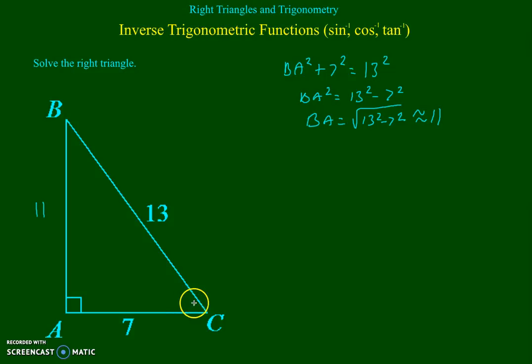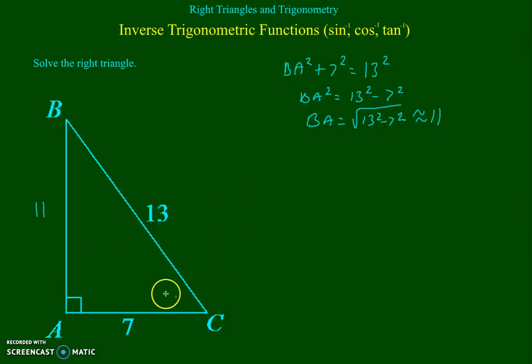So let's start with C. I'm not going to use this side because this is an approximation. Sine, cosine, and tangent generate approximations, and if I use an approximation to find an approximation, I'm going to compound my error. So I'm going to use my exact values here whenever possible and avoid using an approximated number, because I don't want to induce additional error.